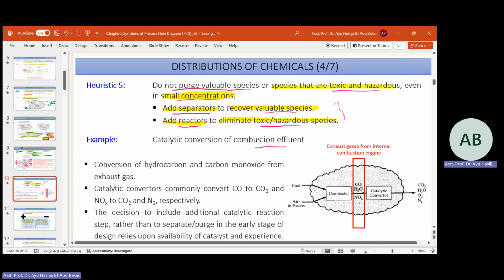This is toxic and hazardous. Okay, NOx. Now they install a catalytic converter to convert the hazardous NOx and CO into CO2, NOx into N2 plus O2. So you need to find out what are the options that meet the sustainable design pillars. In this case, it adds one additional reactor to convert the hazardous to non-hazardous gases.